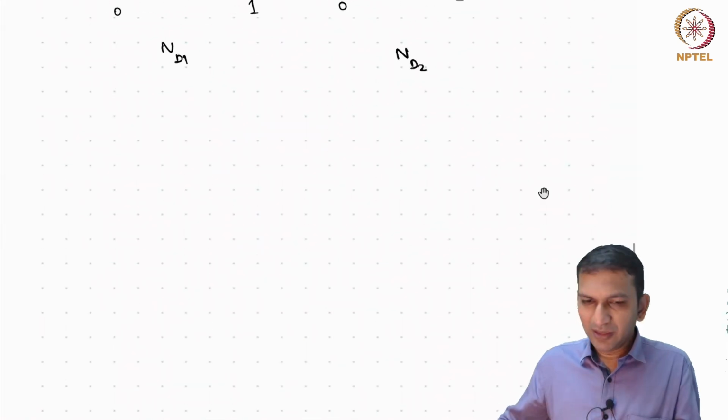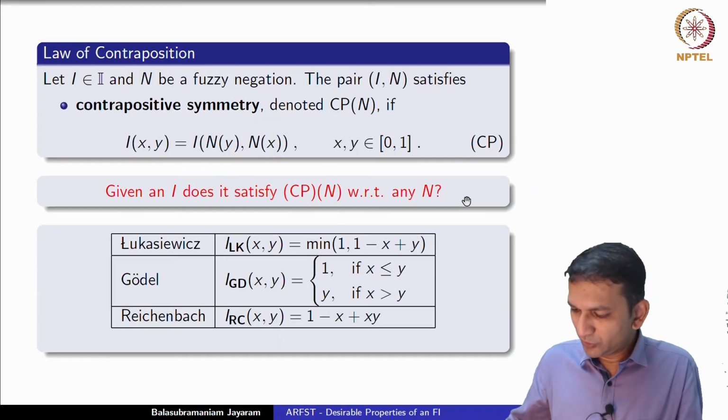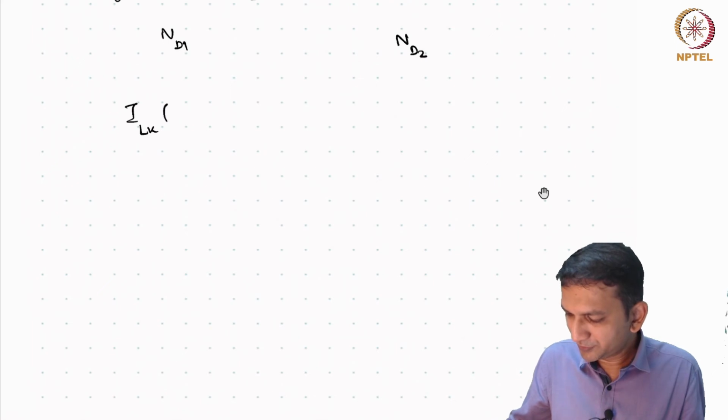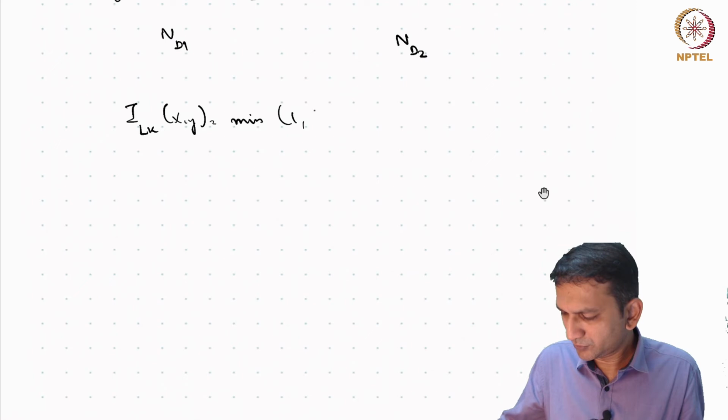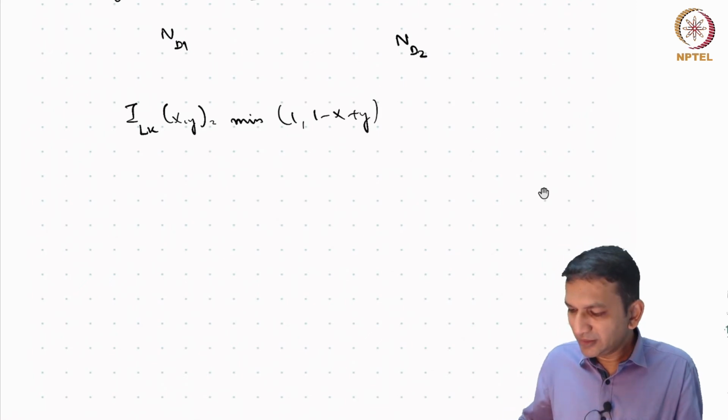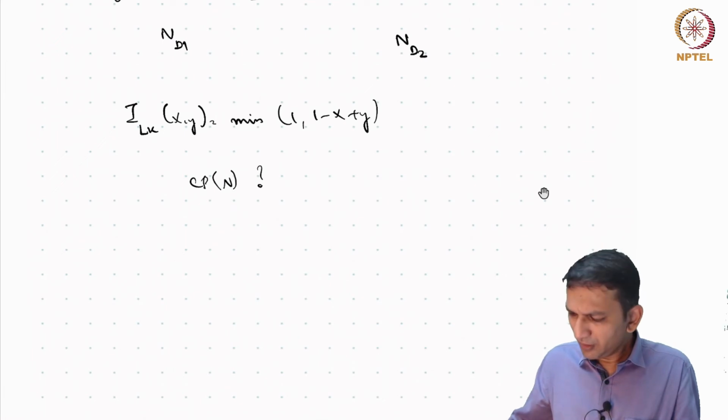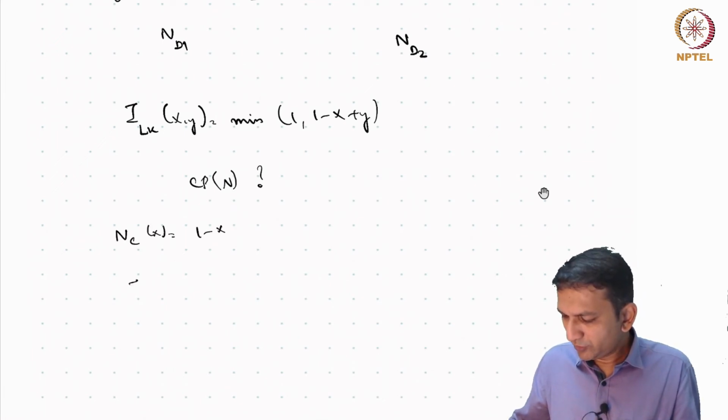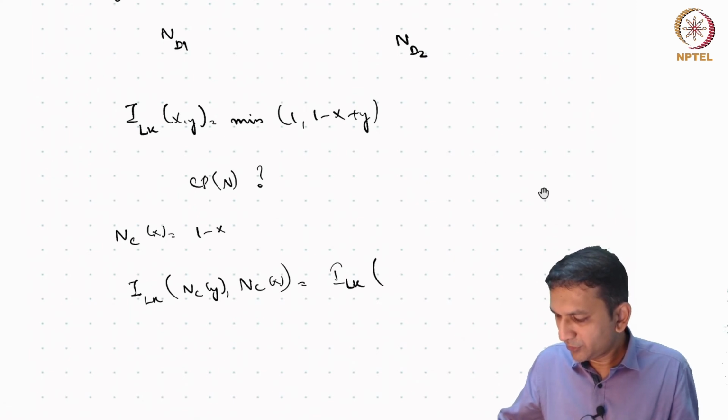We can ask the question, does the Lukasiewicz implication, this formula looks like this, does it satisfy contrapositive symmetry with respect to some N? Let's consider the N to be 1 minus x. So what we want is, let's look at what is I_LK of N_C(y), N_C(x). It's nothing but I_LK of 1 minus y, 1 minus x.